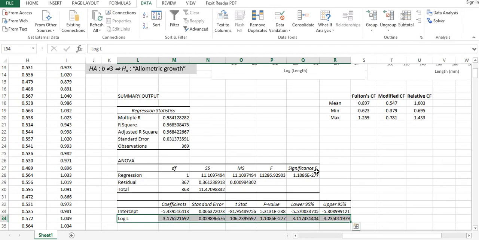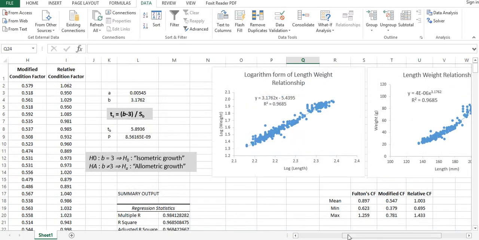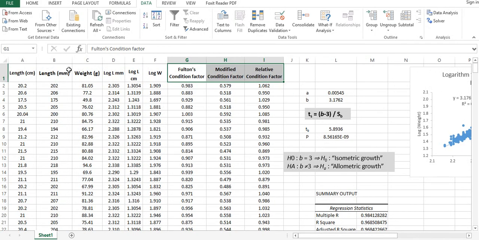Now we'll talk about the condition factor. Here we talk about three types of condition factor, which we basically calculate from the length-weight data, considering the length data in centimeters. For that reason I converted millimeters into centimeters, and that centimeter data is used to calculate the condition factor.